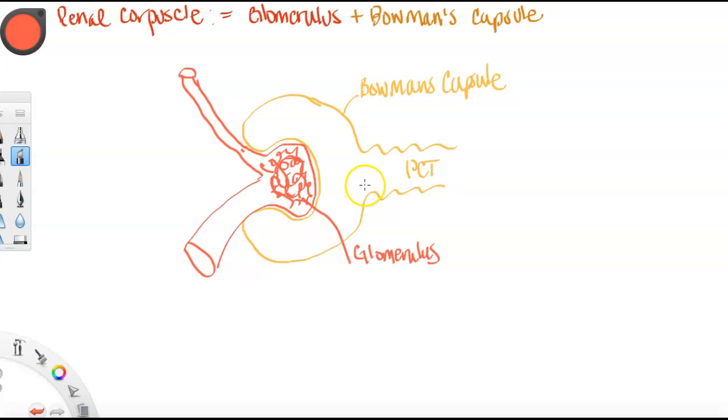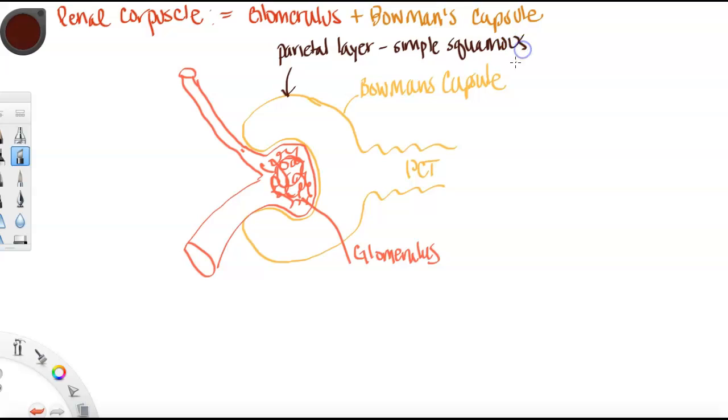Okay. The capsule has two layers to it. So there's a layer on the outside that we call the parietal layer. So that's here. And it is made of simple squamous epithelia.